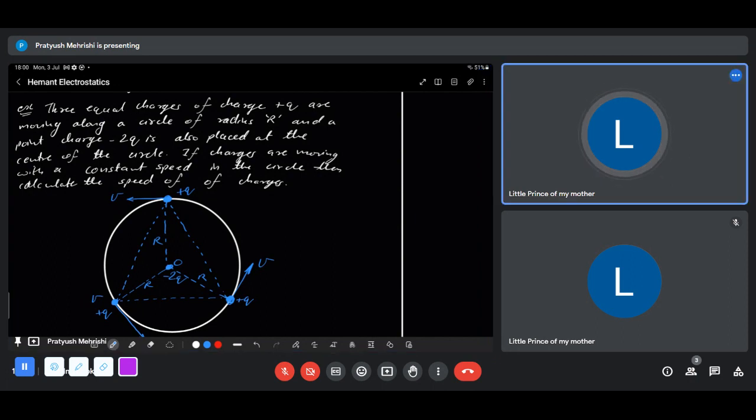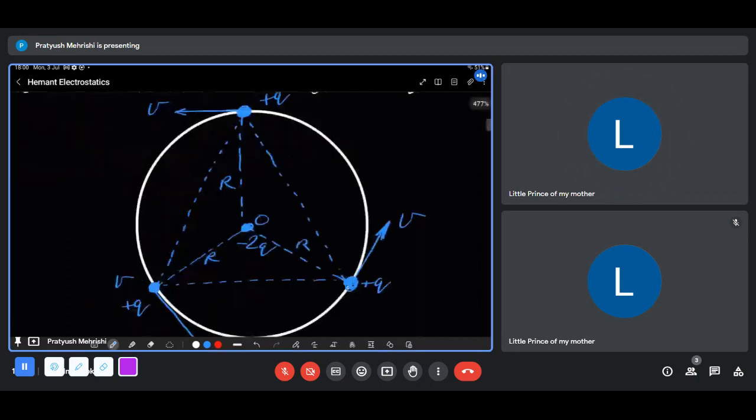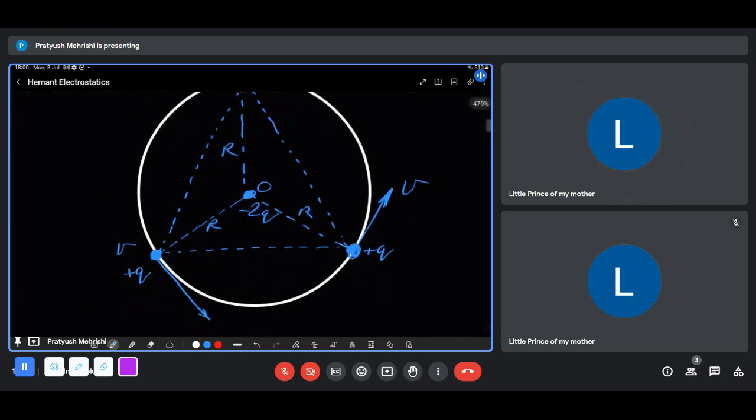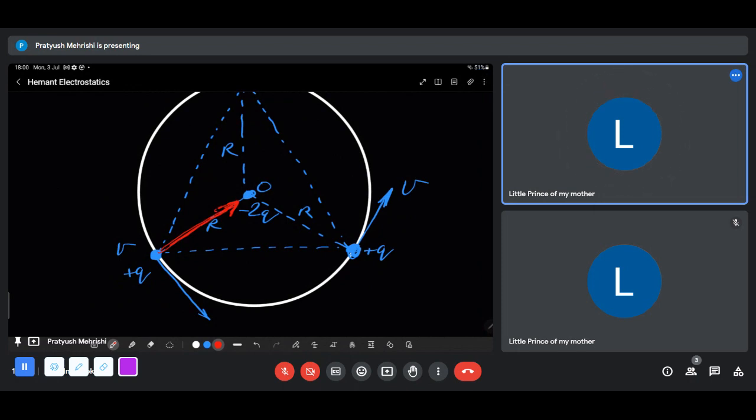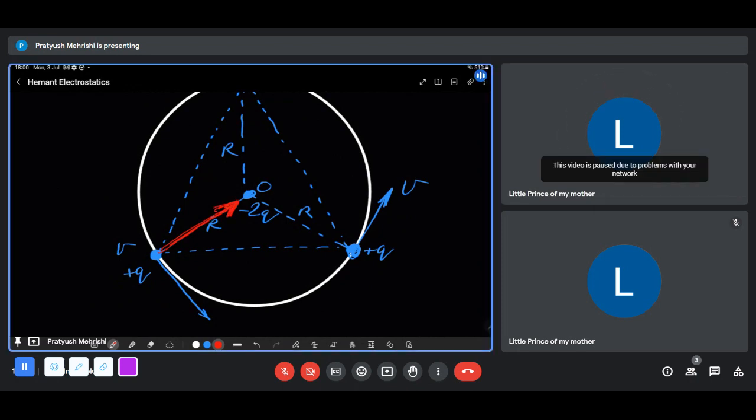Now remember one thing, other than centrifugal force there is one other force which is in outward direction. See, only this force is attractive towards the center. These other two charges will repel.